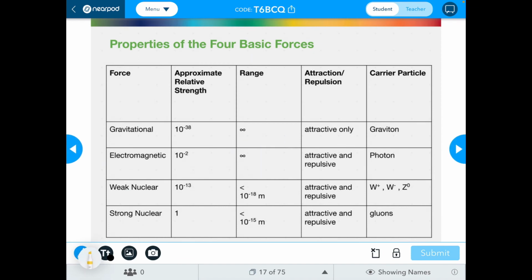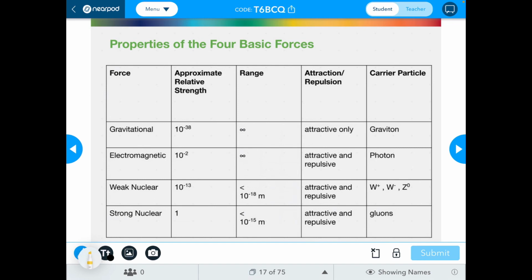So here's that table of information about the 4 basic forces. You can see there's a lot to do with the gravitational, all of them, but just some interesting information about them. Not much that we're going to really see so much, but it is important to know that they exist, and that relatively the gravitational force is the weakest of the 4 basic forces.